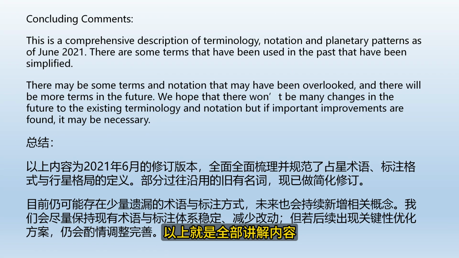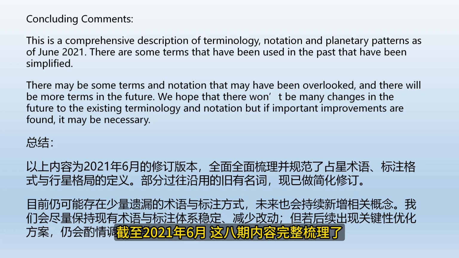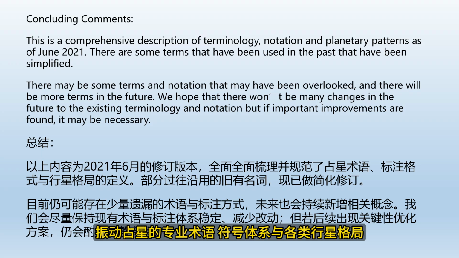Okay, so yeah, that's it. We reached the end. 8 videos. What we have here in these 8 videos is a comprehensive description of the terminology, notation, and planetary patterns as of June 2021.